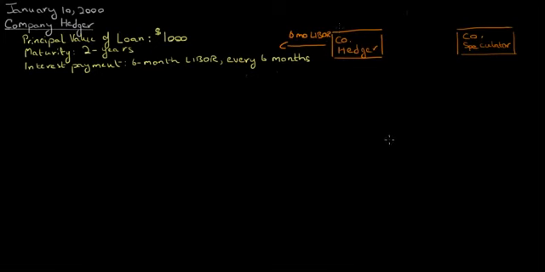Worried that interest rates would rise in upcoming months, company hedger decides to enter into an agreement where it will pay 5% every 6 months to company speculator and in exchange receive 6-month LIBOR on a notional value of $1,000.